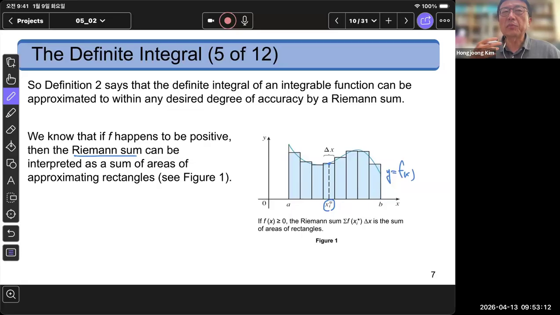Then what will be the meaning of the definite integral? Well, the definite integral is the limit of the Riemann sum. And as you can see, the Riemann sum is just approximating the area below the graph.